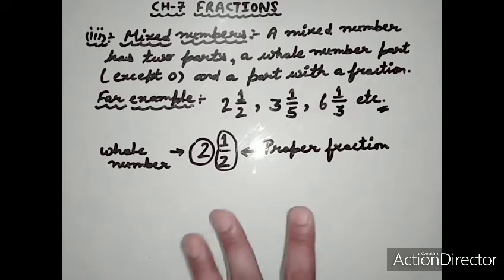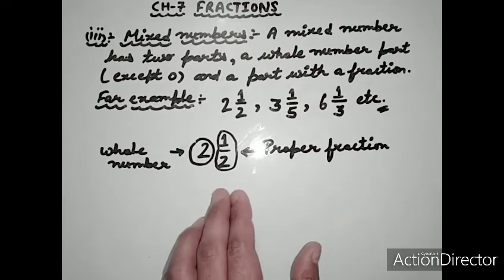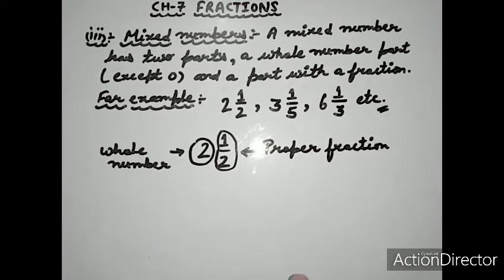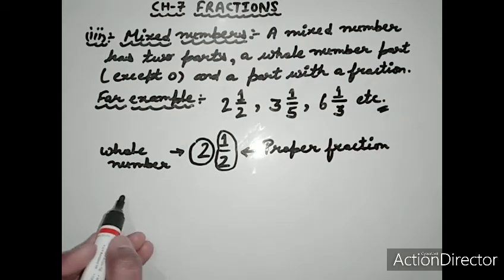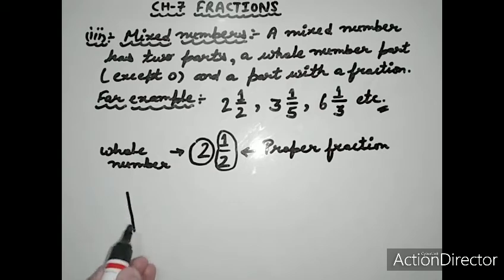And when we combine these two parts with each other, then we get an improper fraction. So now here we take an example of this mixed number 2 whole 1 upon 2.